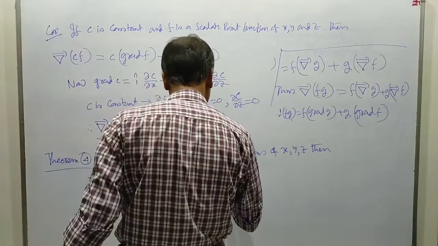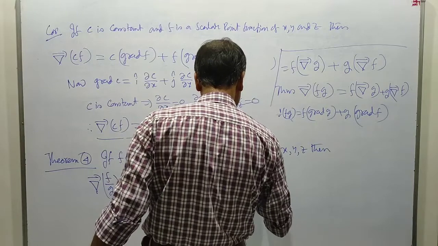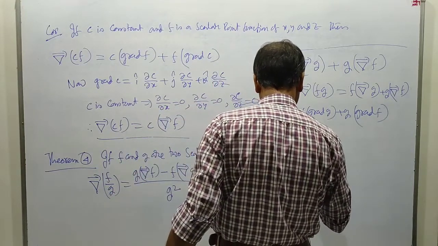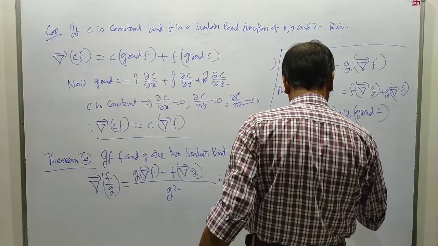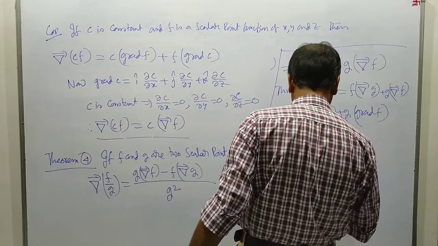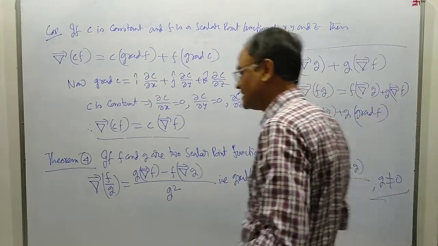That is, in this way also you may write gradient of f by g. This is equal to g gradient of f minus f gradient of g, divided by g square, provided g is not equal to 0.